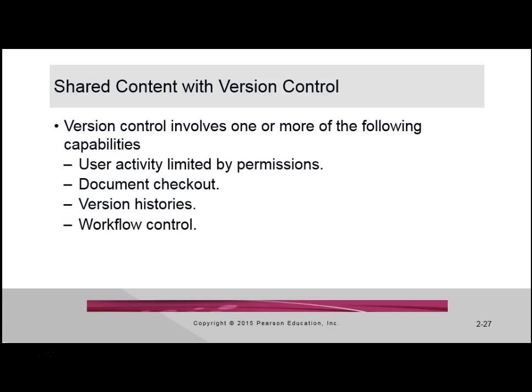So for us to do user activity permissions, the first step is we have to authenticate. We have to be able to uniquely authenticate that this person is who they say they are. The second thing is authorization. Authorization is, if we know who you are, now we can give you various permissions, okay?